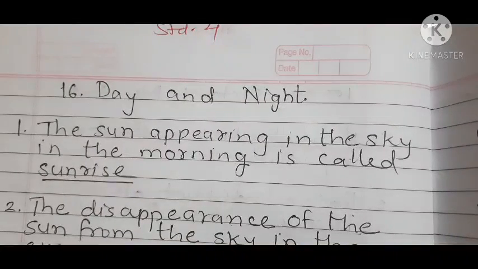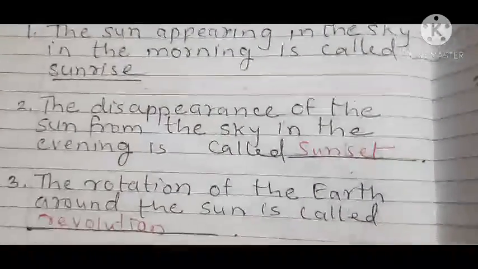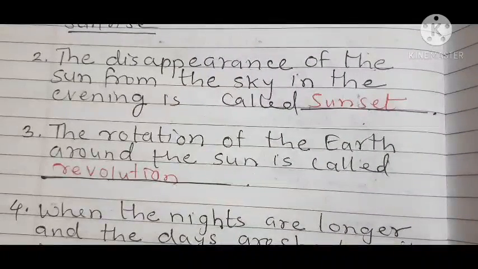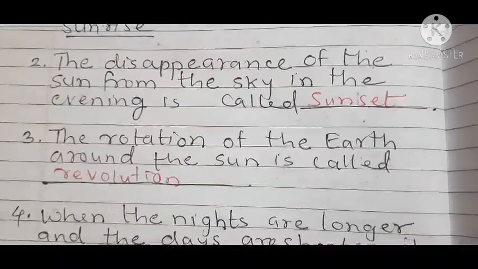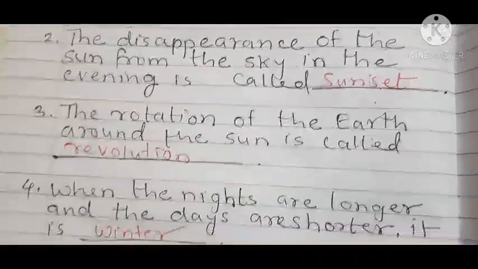The sun appearing in the sky in the morning is called sunrise. The disappearance of the sun from the sky in the evening is called sunset. The rotation of the earth around the sun is called revolution.